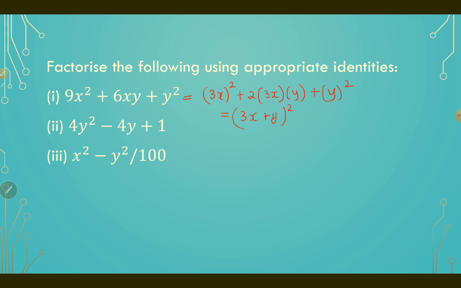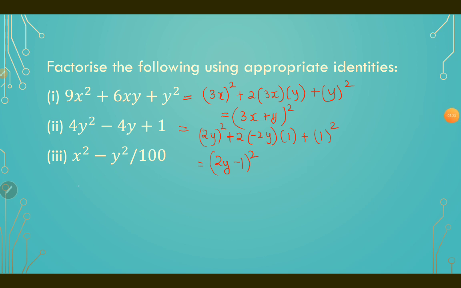This can be written as (2y) the whole square plus 2 into minus 2y into 1 plus 1 square. That is nothing but (2y minus 1) the whole square.